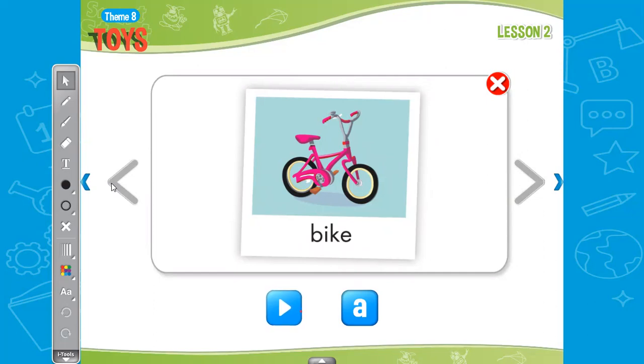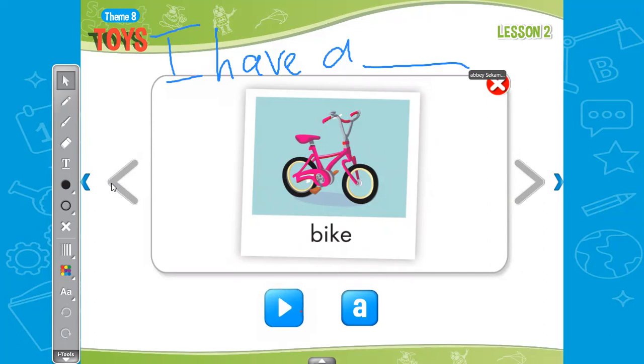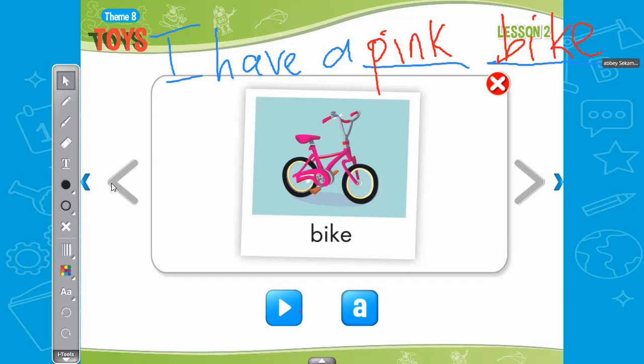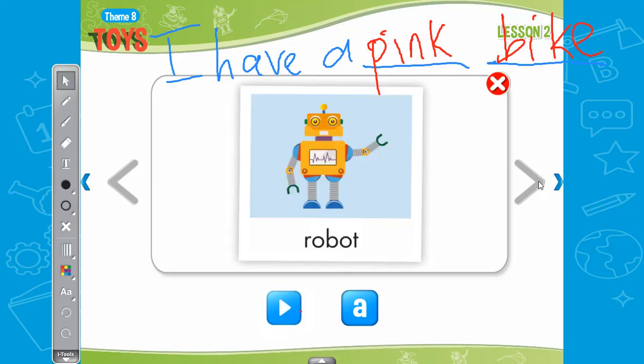We can say, I have a dash. So what is it? It's a pink bike. So we can say, I have a pink bike. Next one.